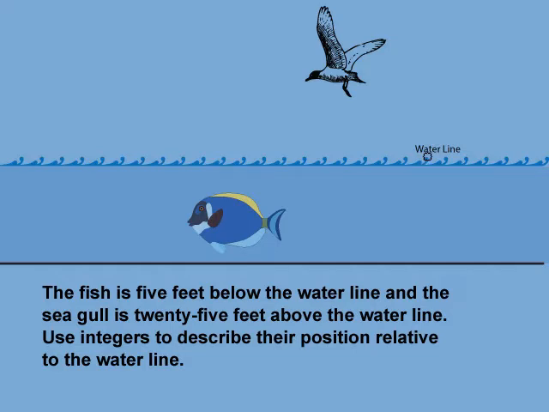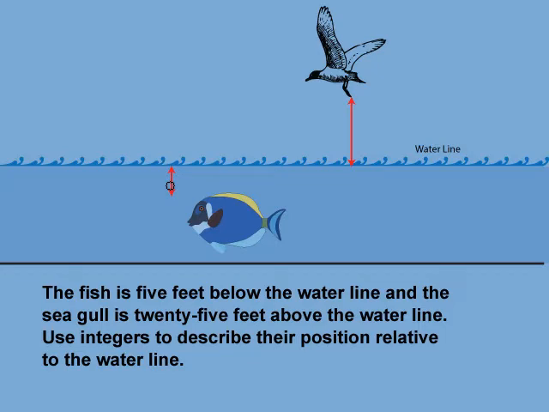In this example, you'll see that integers can be used to make certain types of measurements, in this case, distance. Here we are looking at positions above and below the waterline. The seagull is 25 feet above the waterline, and the fish is 5 feet below the waterline. The relative positions of above and below are a hint that integers can be used.